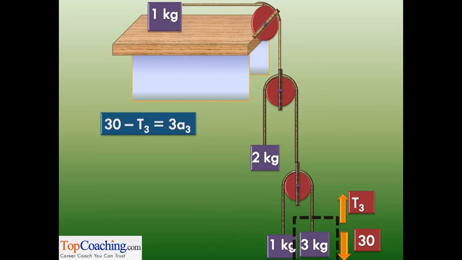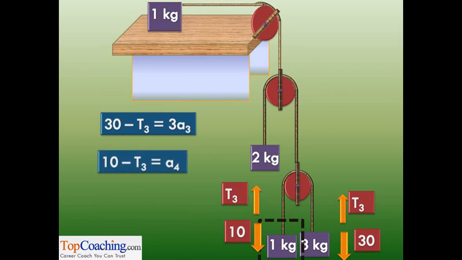Here we are assuming that the acceleration A3 is downwards. Similarly, we can apply the equation F equal to ma for the mass of 1 kg. Tension T3 acts upwards and a force of 10 Newton equal to the weight of the 1 kg mass acts downwards. In this case again, we can apply the equation 10 minus T3 equal to A4.